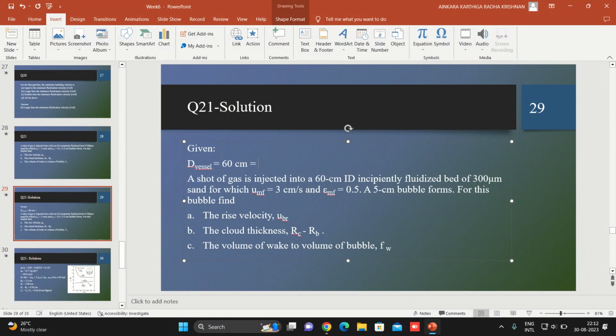The bed diameter is 60 centimeter, or in other words, 0.6 meter.